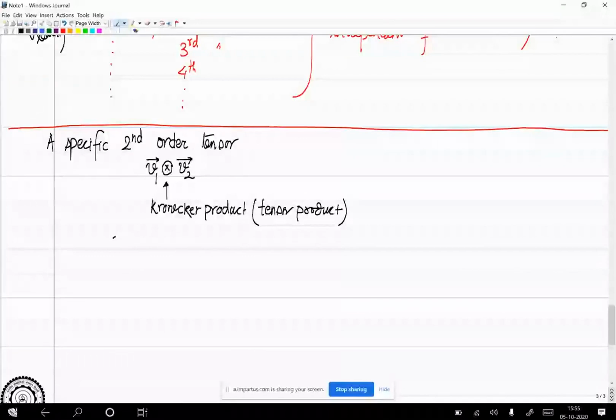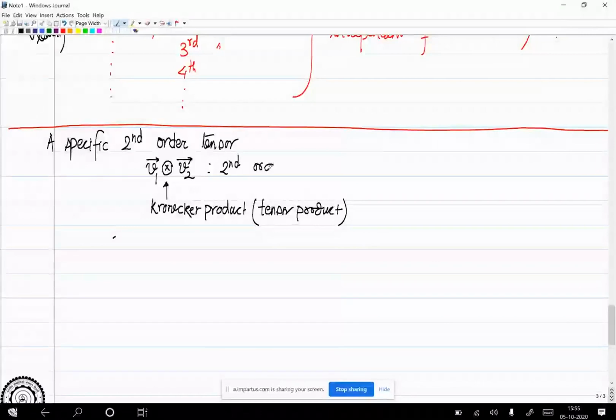Okay, and it takes two vectors, and the output is a second order tensor, because it is neither a scalar nor a vector.